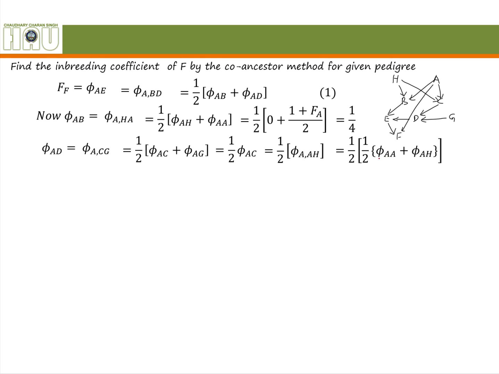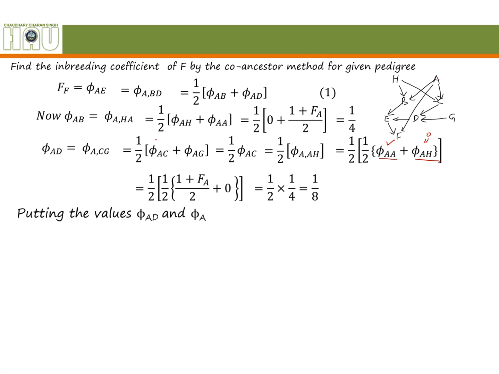Now this can be found out as (1 plus FA) by 2, and AH are both unrelated, so this becomes 0. So substitute these values: it is half of 1 by 2 (1 plus FA) plus 0, and on simplification it is half, 1 by 2 multiplied by 1 by 2, which is 1 by 8.